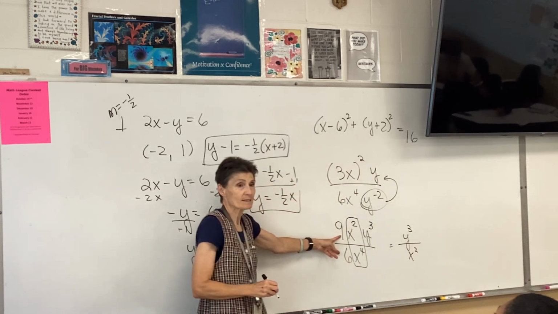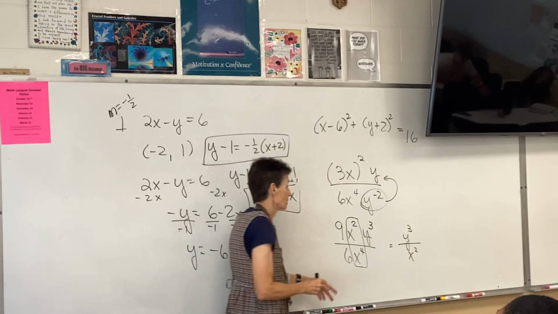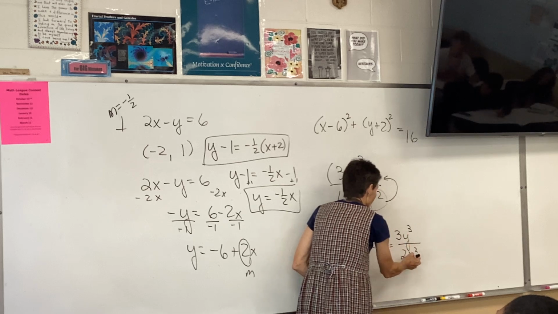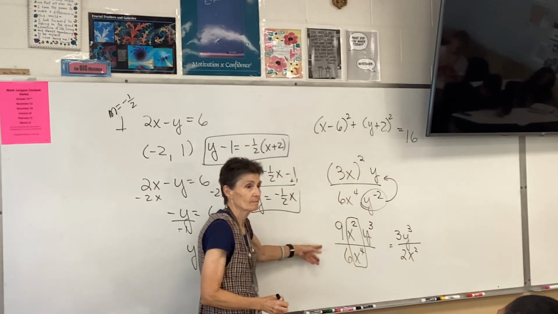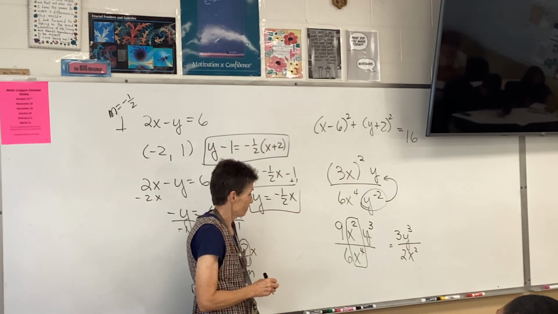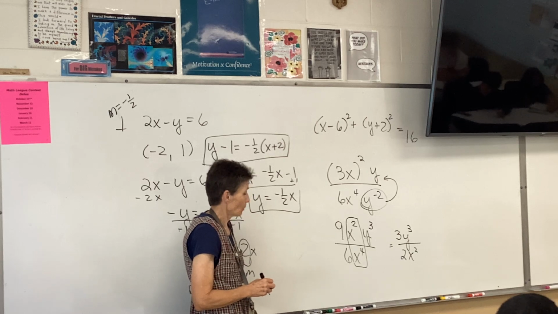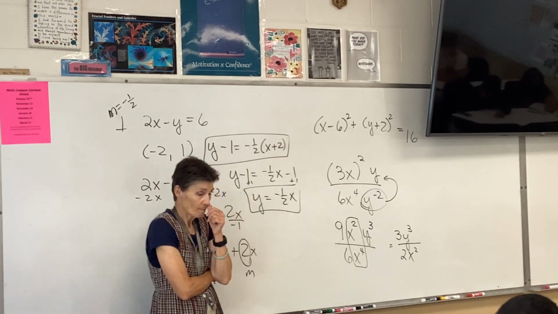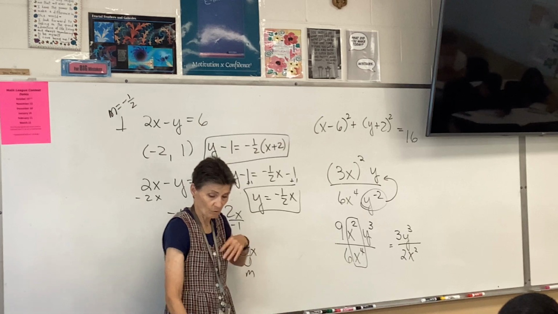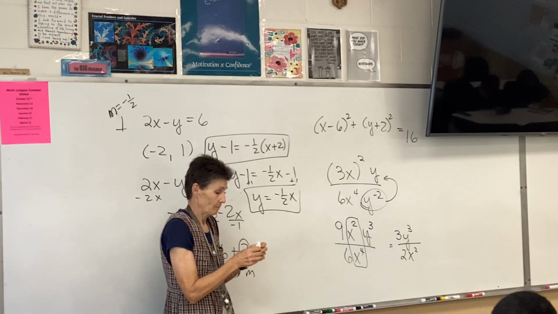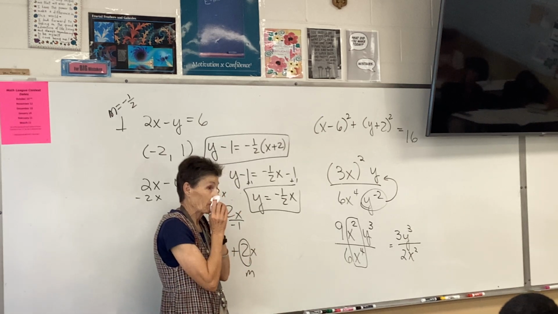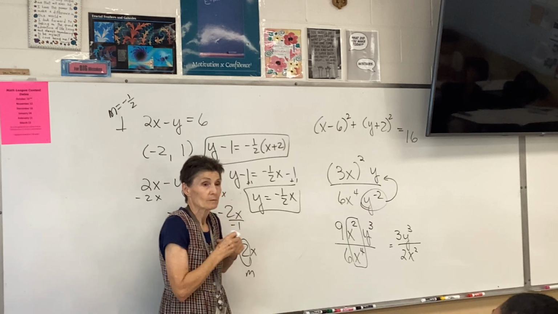And how about 9 and 6? 3 over 2. Regular simplifying. Wow, that was easy. Make sure you're practicing that on your own. Okay?